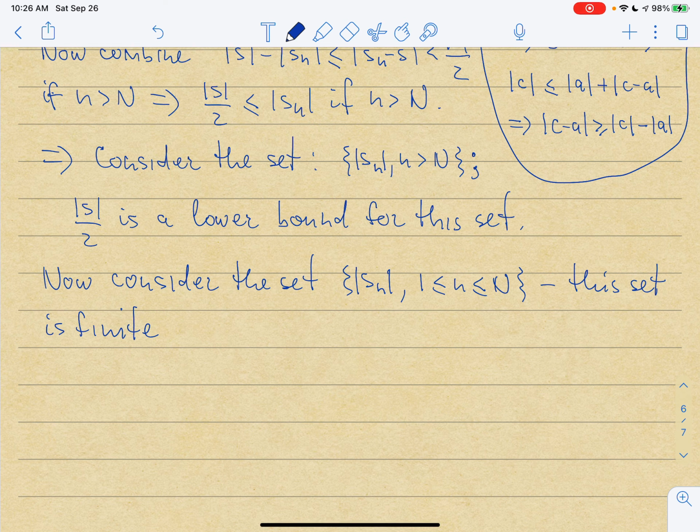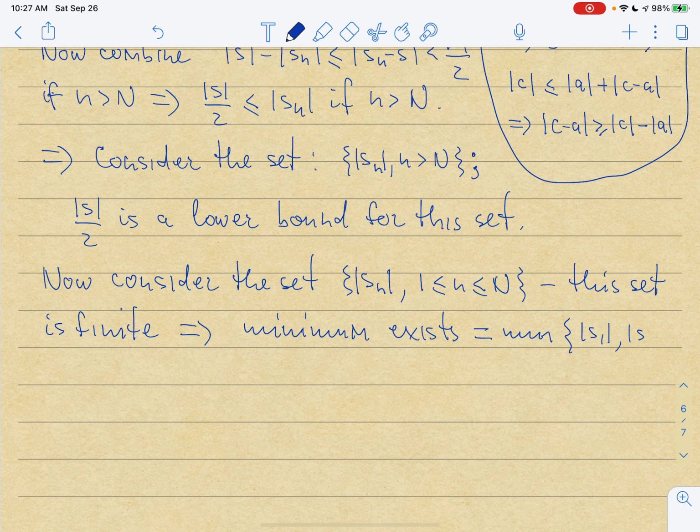And so its minimum exists and is equal to the minimum of absolute value of S1, absolute value of S2, etc., absolute value of S capital N. Right? So it's just the minimum of all of these numbers.